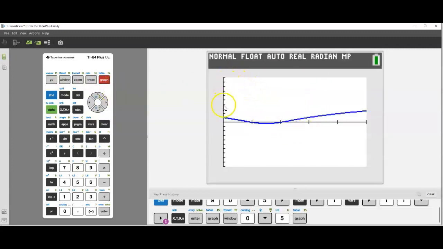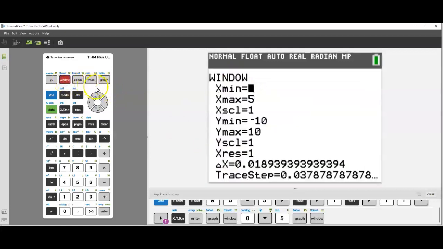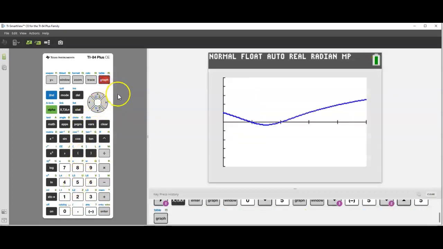We don't need quite this much height or this much down here. Once again, you don't have to change it if you don't want to, but I'm going to reduce this. I don't need to go all the way down to -10 on the y-axis. I think we can probably settle with maybe -5, and for the maximum y value, I think we can go 5. And that we can get a little bit more clear of a graph here.